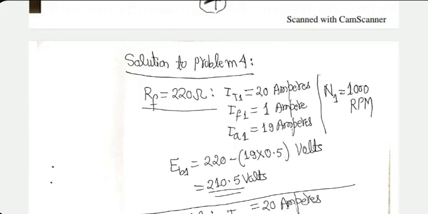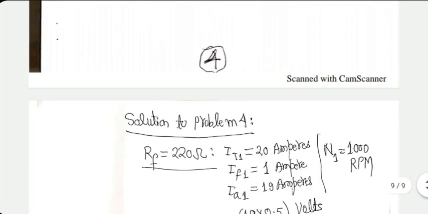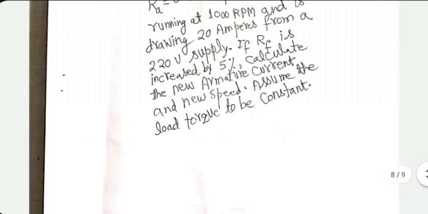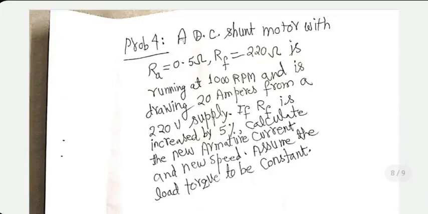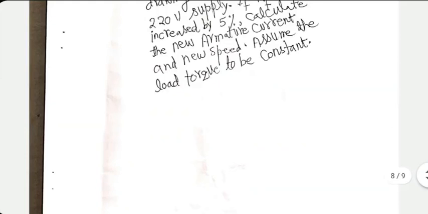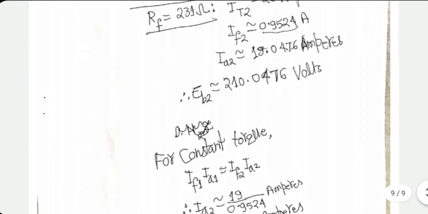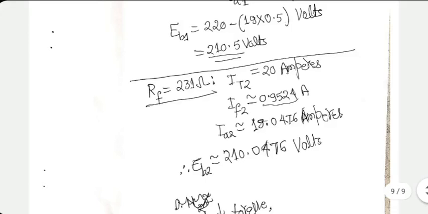In part 2, RF goes up by 5%. That means 220 ohm plus 5% of 220 ohm. And 5% of 220 ohm is, I think, 11 ohms. Right? So if I add that, RF becomes 231 ohm. This is the second part.